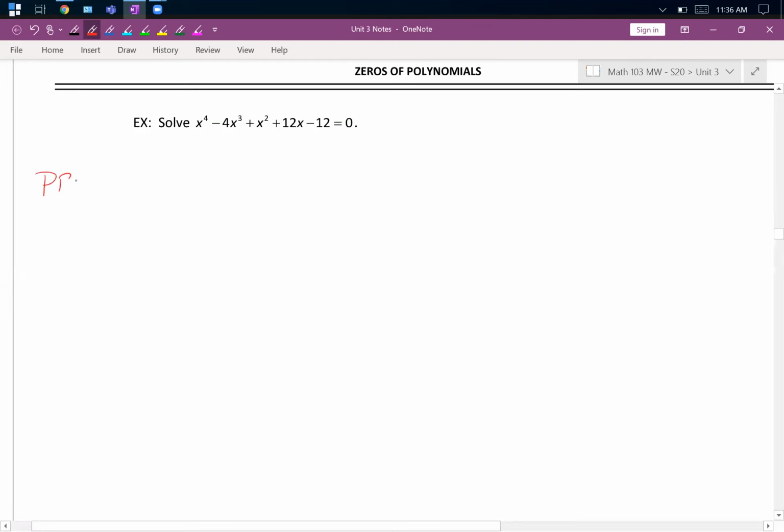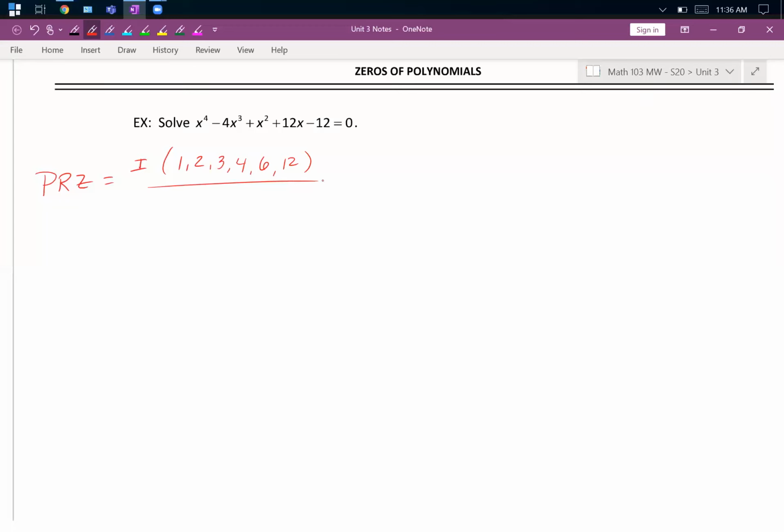So our possible rational zeros, the factors of our constant: 1, 2, 3, 4, 6, and 12. So why aren't we using Descartes' rule of signs this time? Well, the directions don't make us. And I don't always feel like it's that helpful to make a ton of decisions based off of the chart.